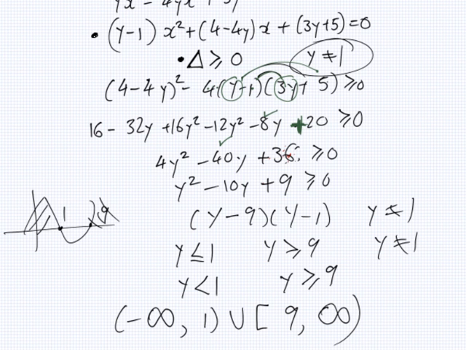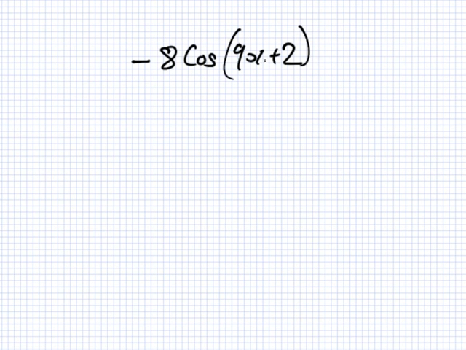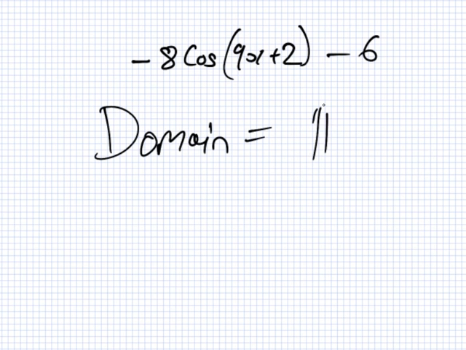What's the function? It's minus 8 cos 9x plus 2. The domain is all real numbers.